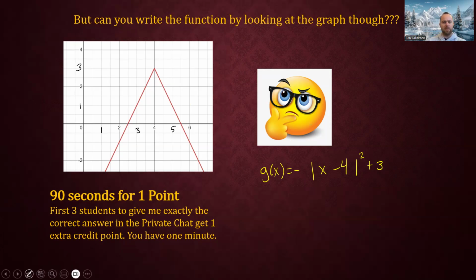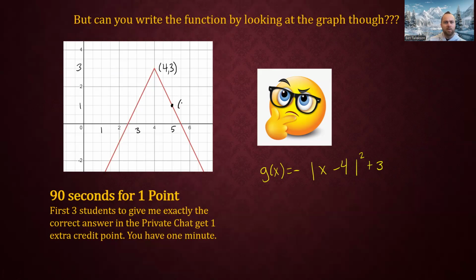Now, what about a? Can't forget about a. Let's take a look back at our graph. We know the parent function goes rise over run, 1 over 1. So this would have been if we had a negative parent function, but that's not what we have, is it? So what we need to really do now is identify two key points to determine what that slope is. Well, I see a clear point there at (4, 3). And where else is a clear point? This is 4.5. I'd rather not do halves. (5, 1).